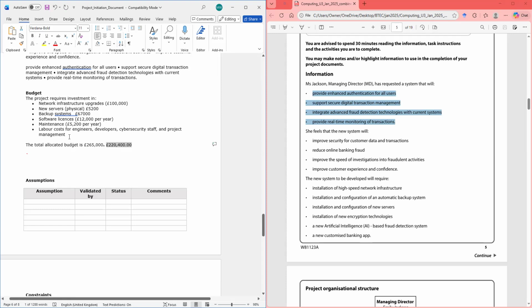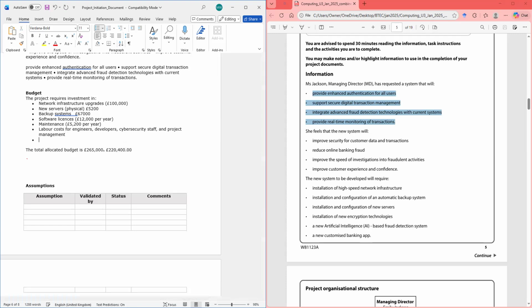Cost of material is this here. So that's a total cost of the material. And then that's an allocated budget.